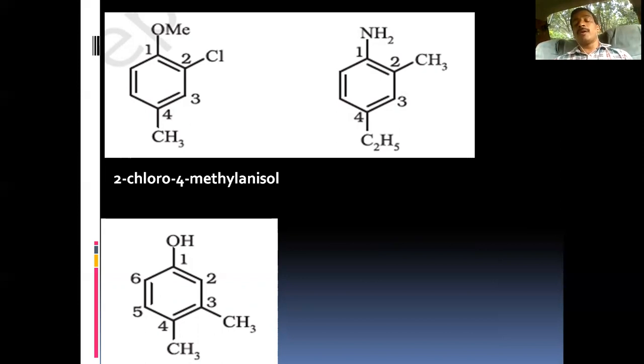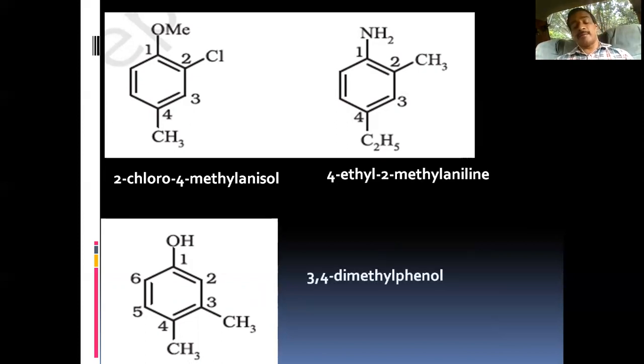So 4-ethyl-2-methylaniline. And the last one, an OH group is present in the benzene ring. We will call it phenol. Two methyl groups are present in the third and fourth carbons. So 3,4-dimethylphenol. That is the name of the compound.